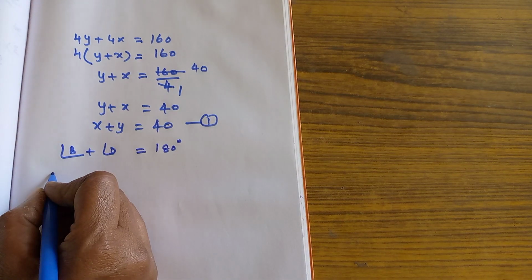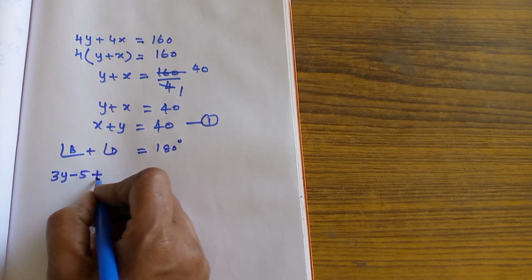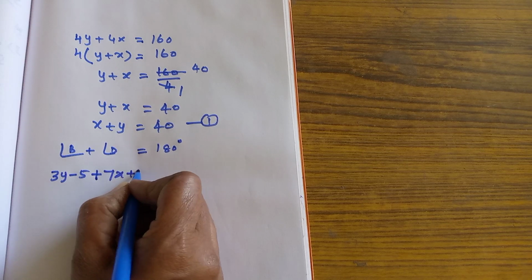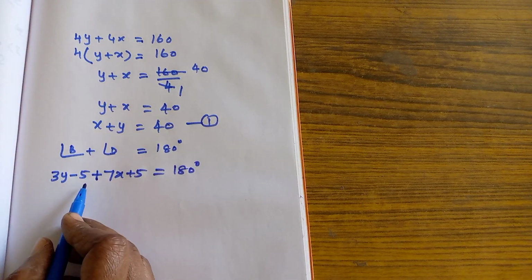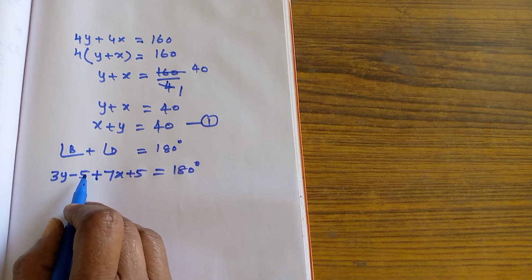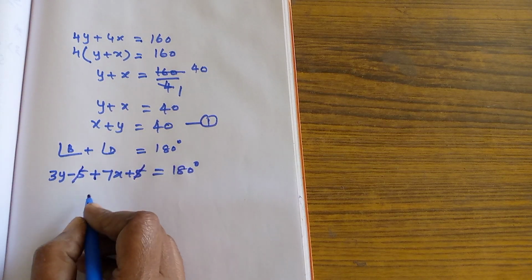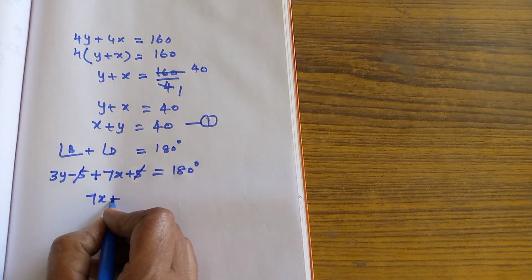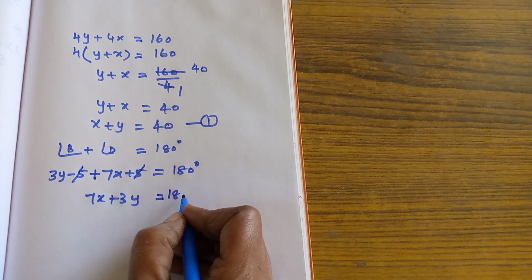What is angle B? 3y minus 5, plus angle D, which is 7x plus 5, equal to 180 degrees. Here this plus 5 and minus 5 can be cancelled. Remaining, orderly written, 7x plus 3y equals 180 degrees.